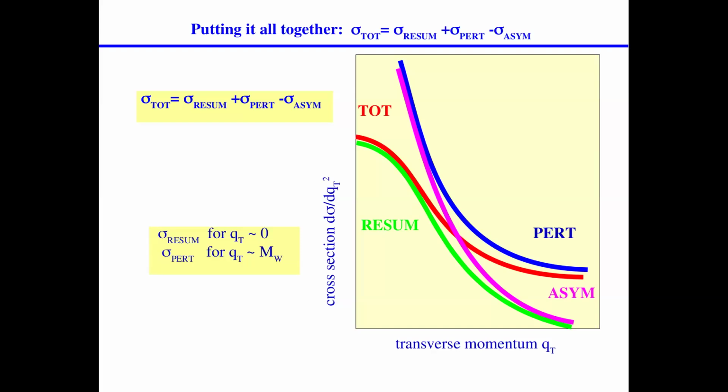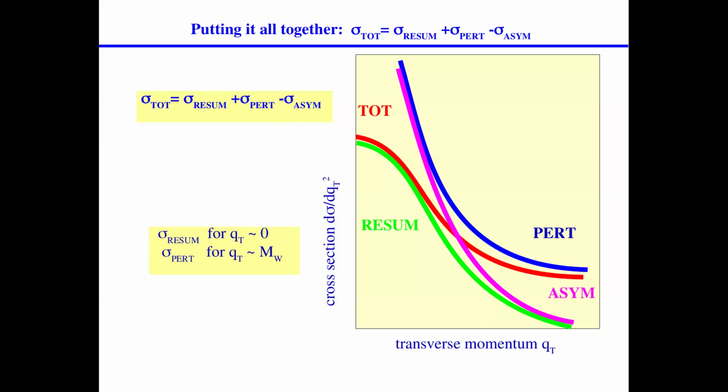The asymptotic result, taking the limit of PT going to 0, picks out the singular parts of the perturbative. It may or may not go to 0, so typically we have a mechanism to turn this off at high QT where we don't want it. But basically, this is what subtracts out the perturbative, so that at low QT, where I expect the resum to be good, the total goes to this.